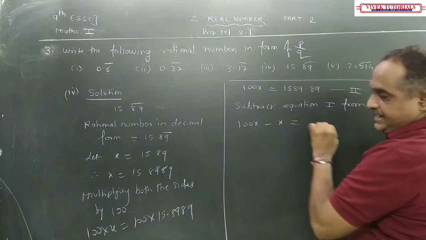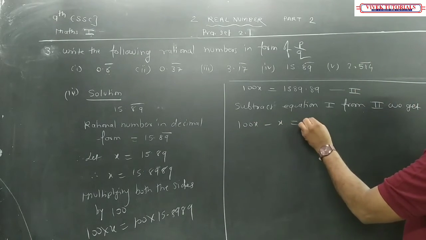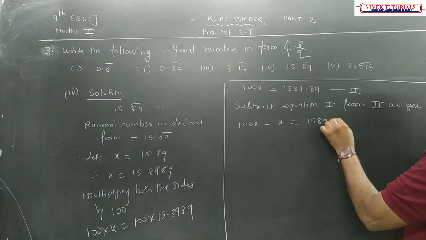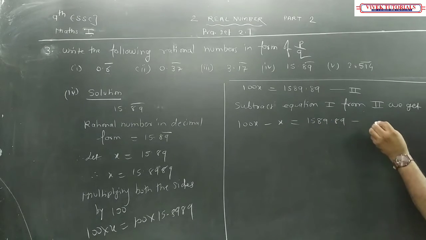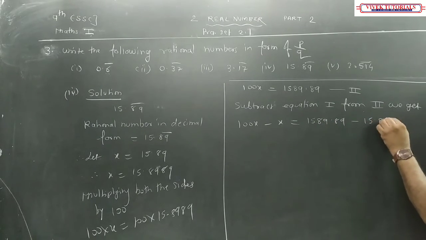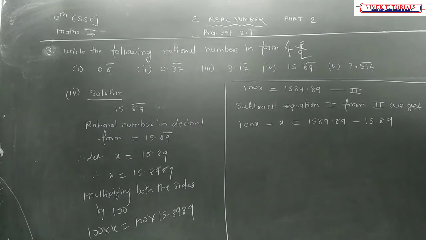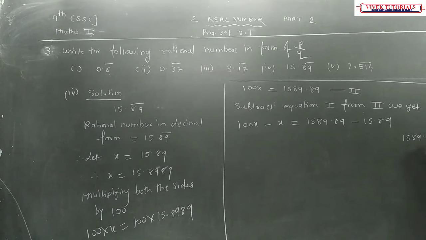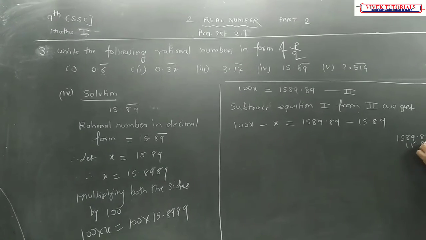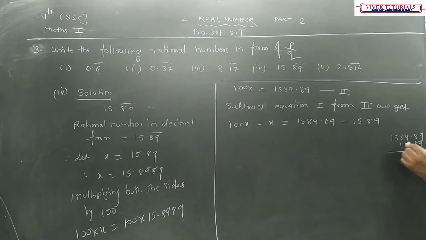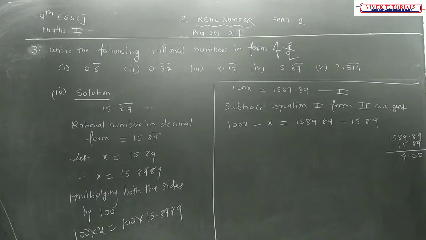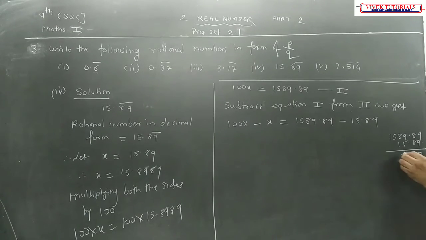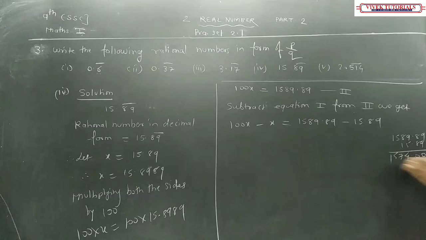100x minus x is equal to 1589.89 minus 15.89. So I'll do it separately. 15.8989 minus 15.89 will be 0, 0. 5 minus 9, minus 5 is 4. 7, 1, 5.